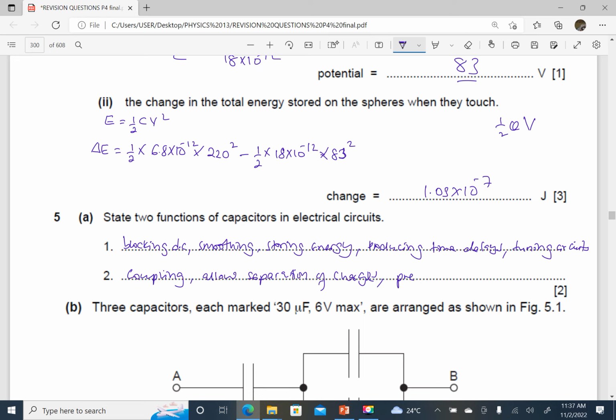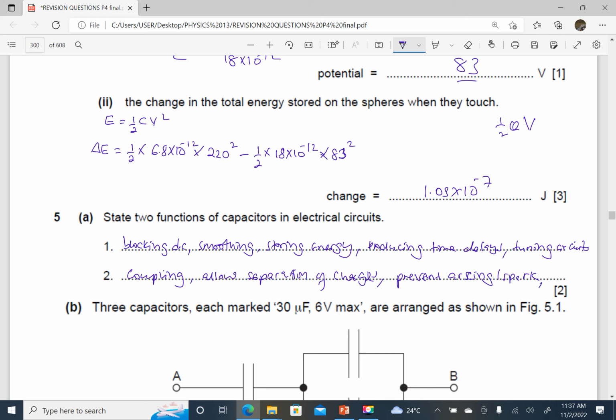Capacitors prevent surges, arcing or sparks. Of course, capacitors prevent arcing or sparks by producing time delay. The charge which would otherwise cause a spark can be stored by the capacitor plate and given out gradually.